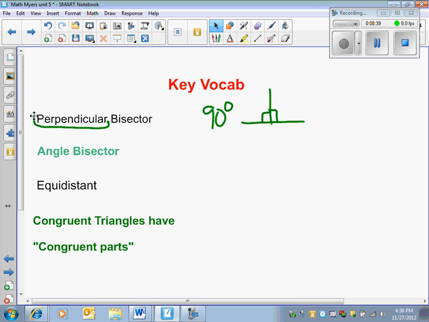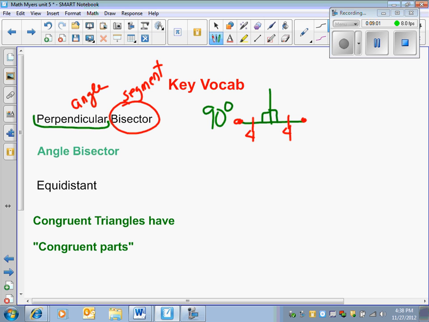But now we have this word bisector. Not only do we get perpendicular 90-degree angles, we get congruent segments as well. So this is 4, this is 4. So we get the double whammy with the perpendicular bisector. We get something about an angle, and we definitely get something about the segment.